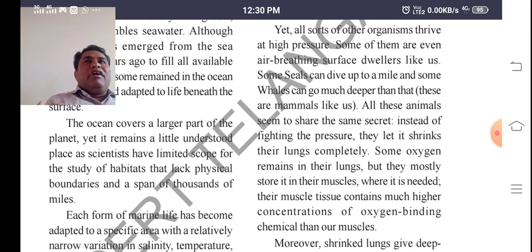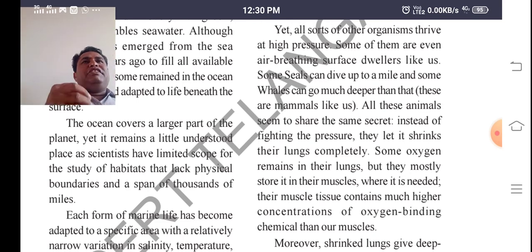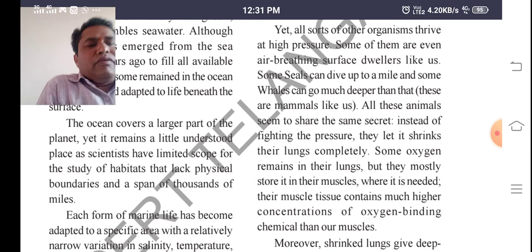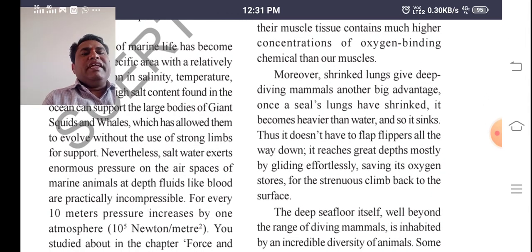The oxygen present in water is generally called dissolved oxygen. Almost all aquatic animals keep their oxygen in their muscles, because they have oxygen-binding chemicals. Moreover, shrunken lungs give deep-diving mammals another big advantage.